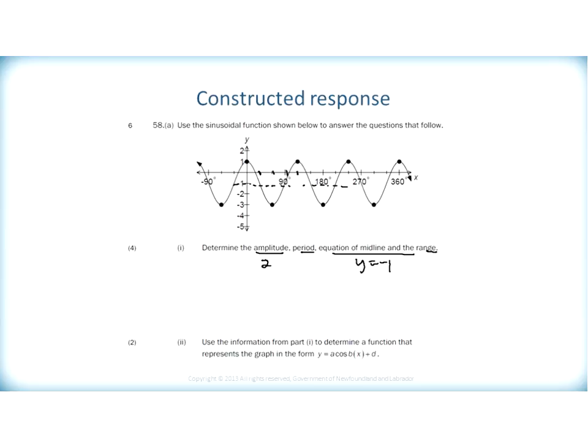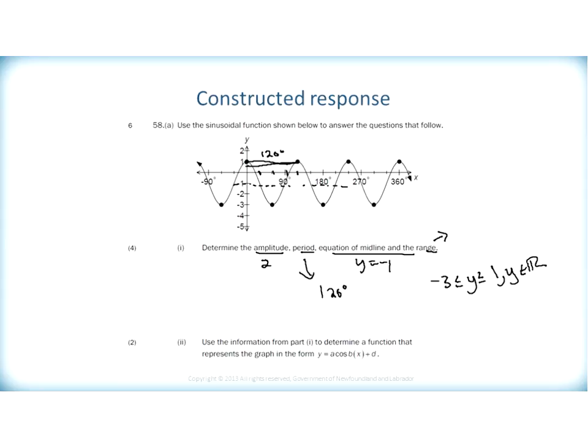The maximum starts here at 0, so here's our period, and that would be 120 degrees. And the range has to do with the minimum and the max. Our minimum is -3, so -3 is less than or equal to y, which is less than or equal to our maximum, which is 1, and y belongs to a set of real numbers.